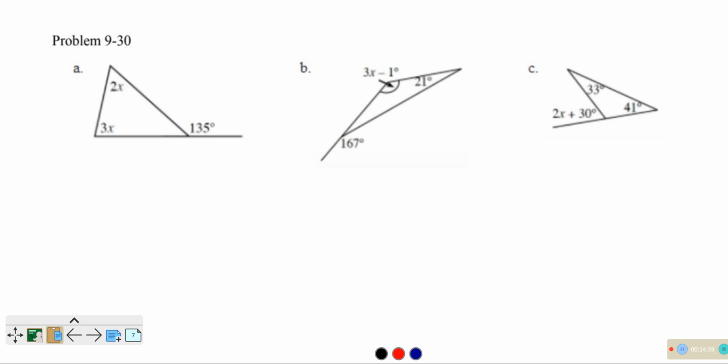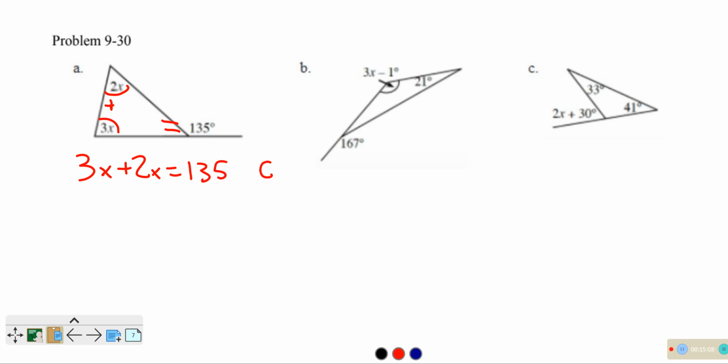Now, there are several problems that are going to extend your thinking. Once again, we are dealing with the exact same thought. When you take the two remote interior angles and add them together, it will equal the exterior angle. It is important that you write this as an equation. 3x plus 2x equals 135.